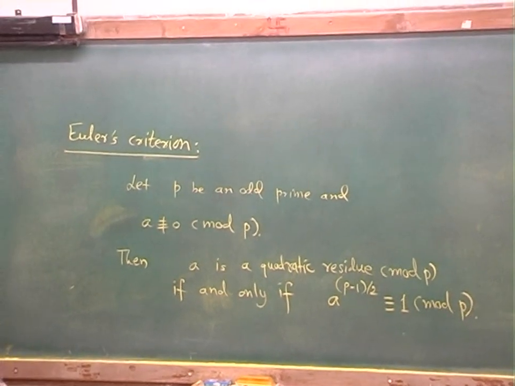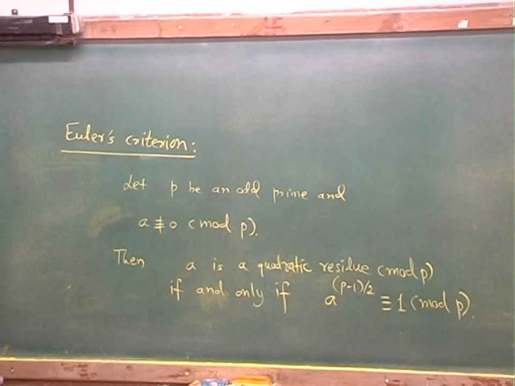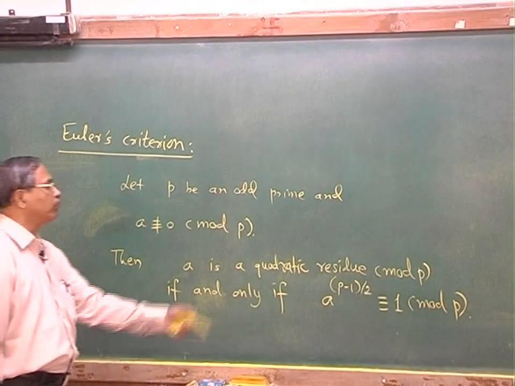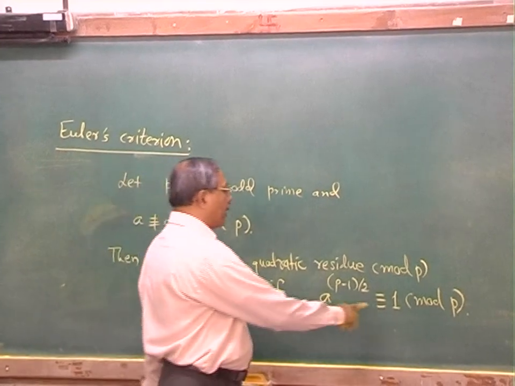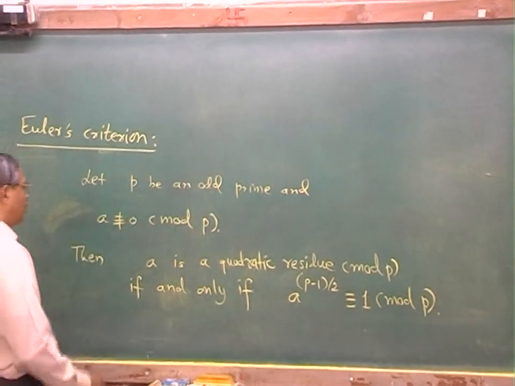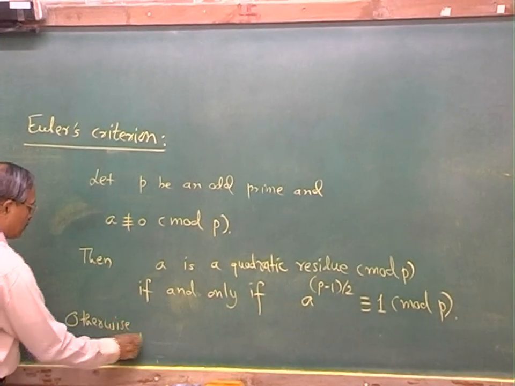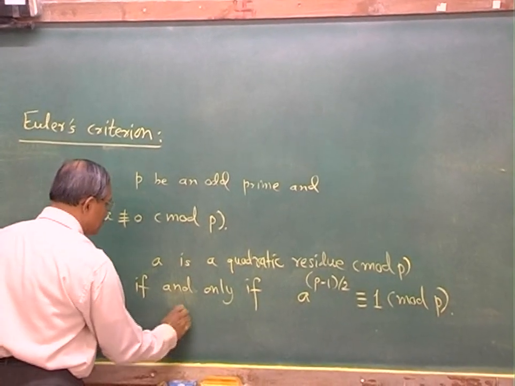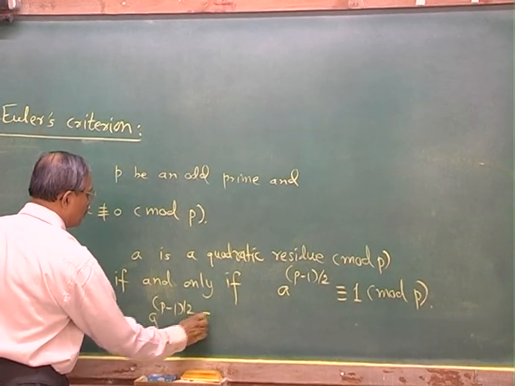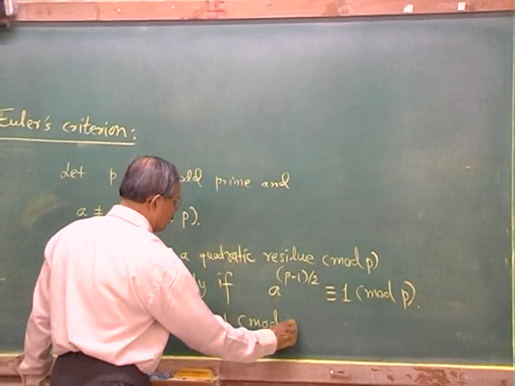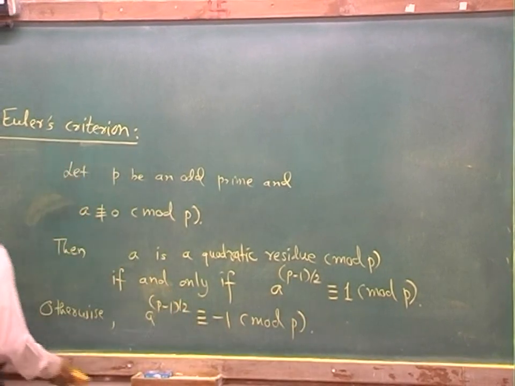If a raised to (p minus 1) by 2 is congruent to 1 mod p, then a will be a quadratic residue. Otherwise, this will not be 1, but it will be minus 1. So otherwise, a raised to (p minus 1) by 2 is congruent to minus 1 mod p.